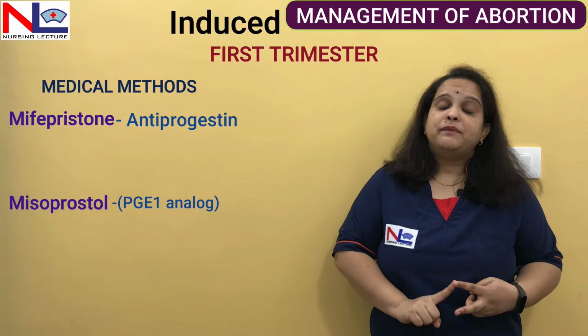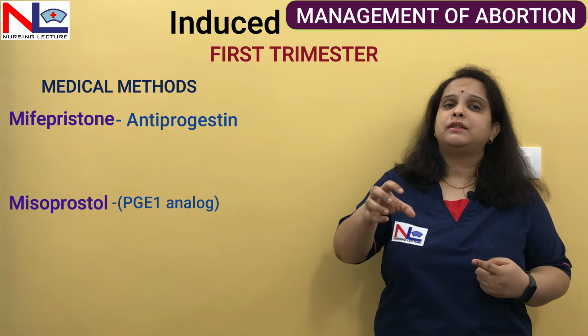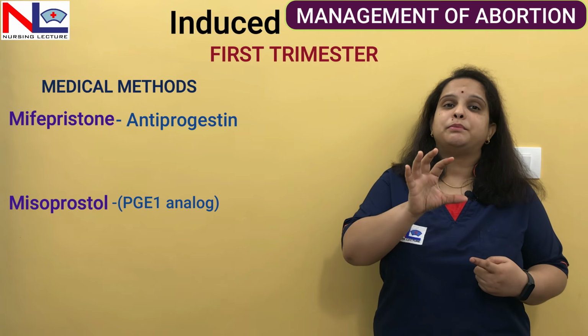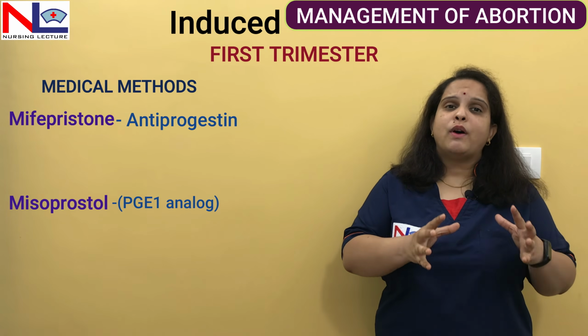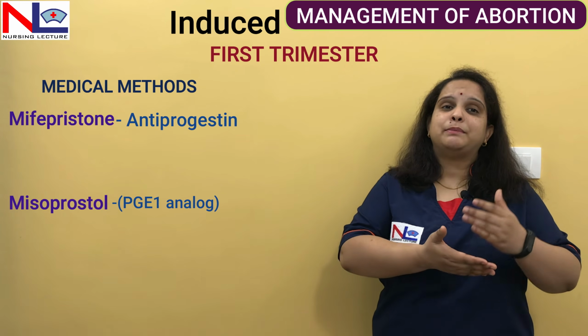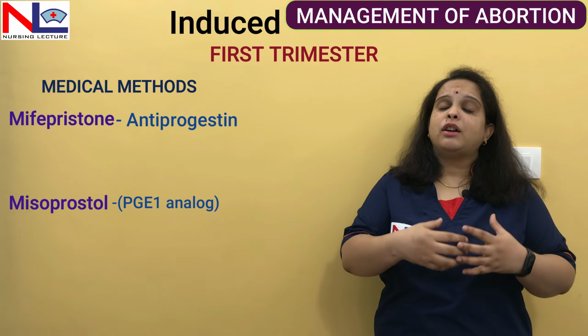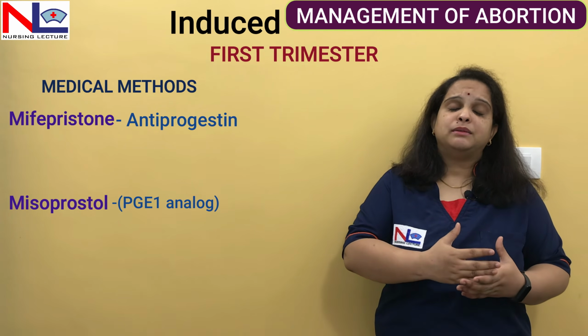So mifepristone, how does it work? Mifepristone blocks the progesterone receptor in the uterine wall. So we know progesterone is required throughout pregnancy for its maintenance, and once the receptor gets blocked, it will not nourish the fetus further, and thereby it will kill the baby.